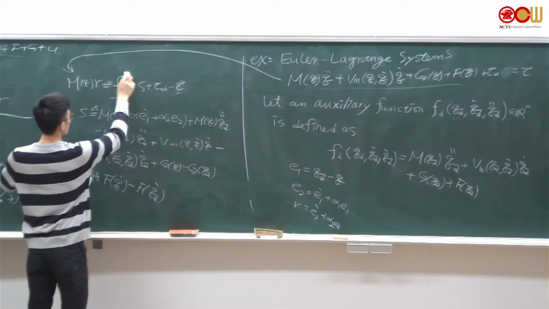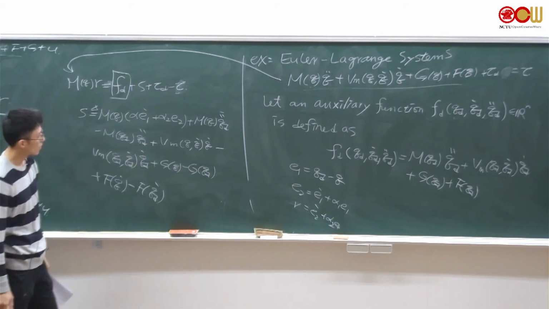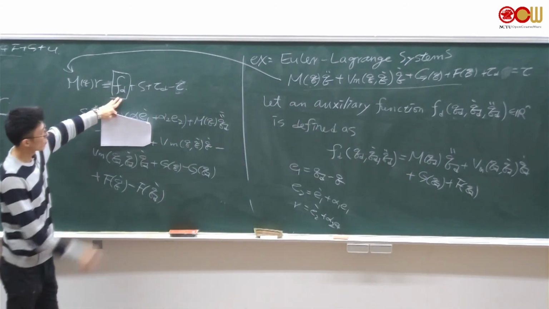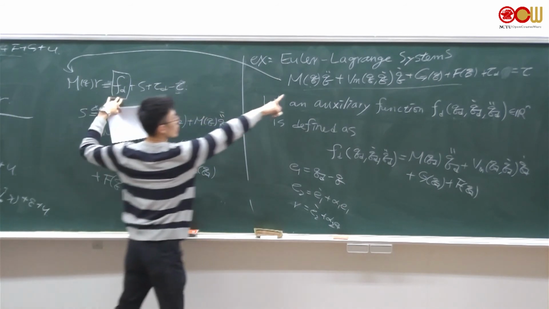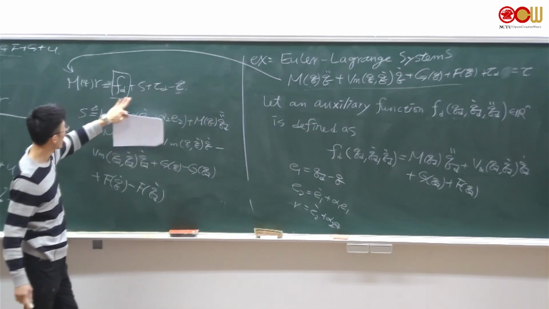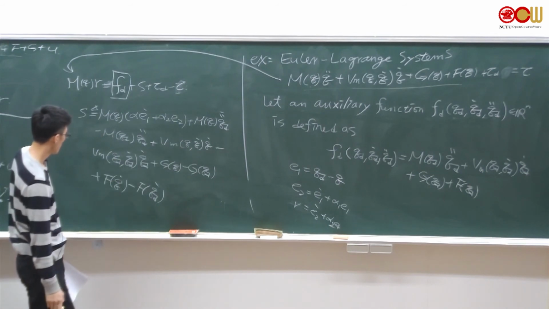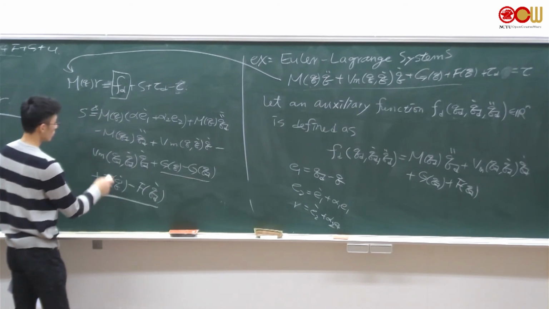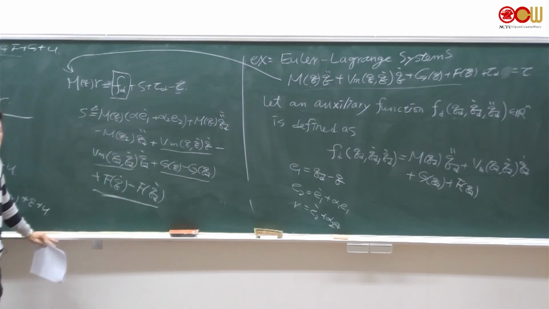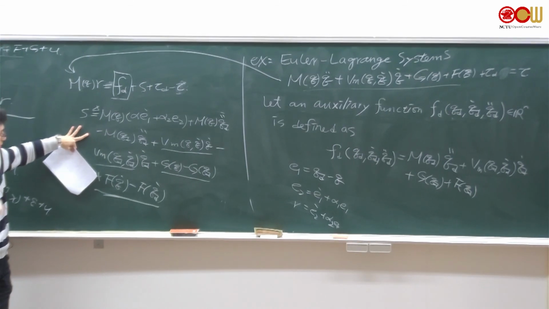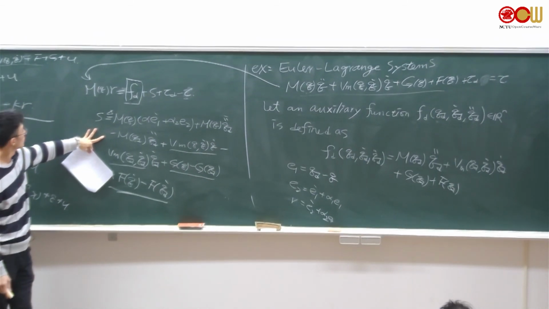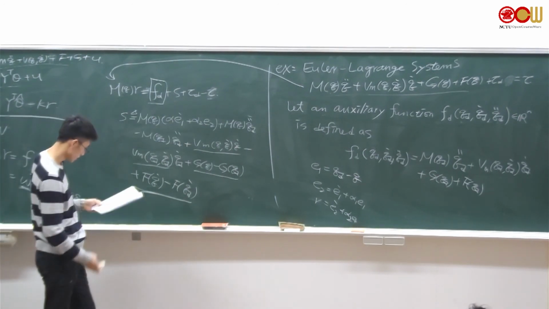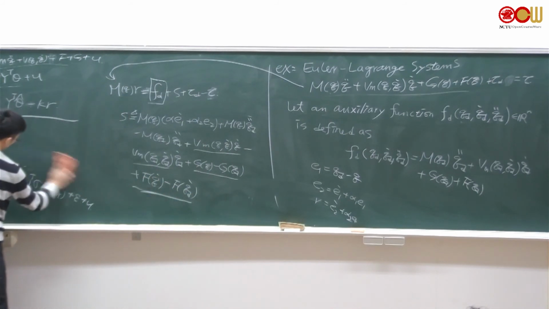So now we use FD, the auxiliary function, defined as this, to replace some of the open loop dynamics on the right hand side. And S is the terms that include the mismatches for F, for G, for Vm, and M terms. So this S can be upper bounded by some function of the error, and this FD can be approximated by neural networks. So eventually, the control is designed as this.